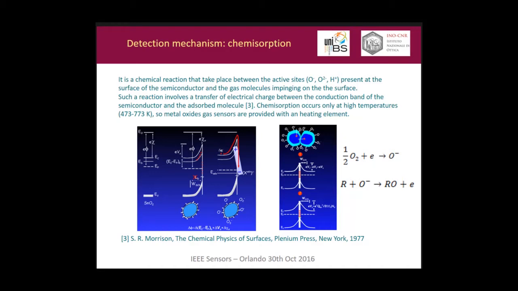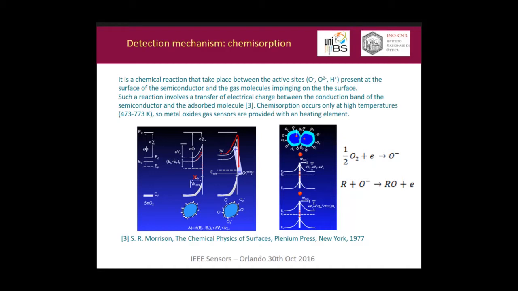The mechanism of gas detection is that oxygen is ionosorbed over the surface when the sample is heated in a region which is, for example, between 250 and 500 degrees C. And when the gas arrives, a reducing gas, for example, reacts with the oxygen ionosorbed over the surface and creates a reaction product that goes away, and the electron is released back to the conduction band.